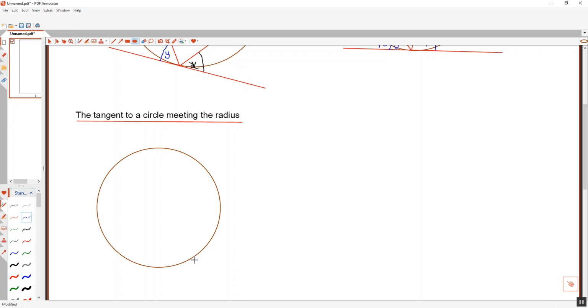Now this one is slightly different because we're talking about, this is different to the last one, okay? So there's my center point. Okay, the line I've just drawn is the radius.